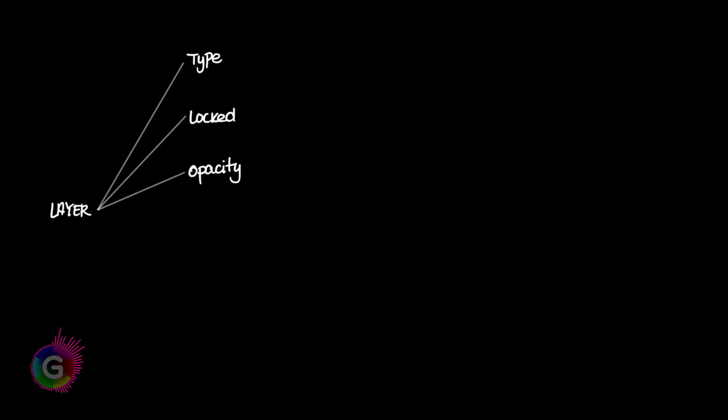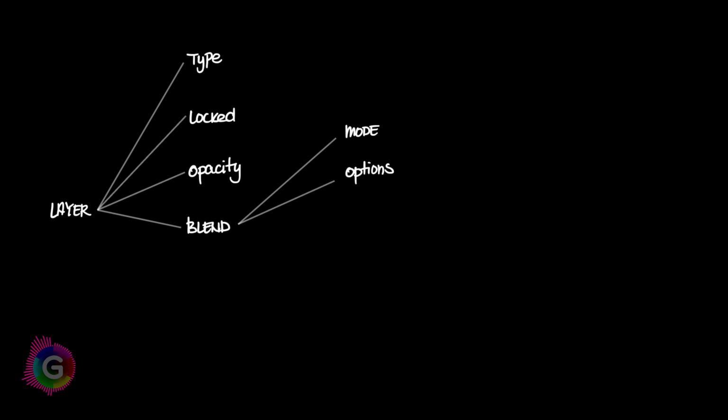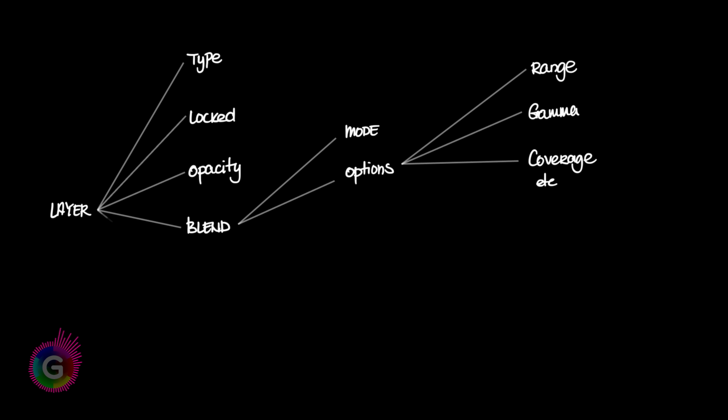It also has a property for opacity, a property for blend, which I'm guessing is another object that has its own properties, like the blend mode used, the blend options, containing the range, gamma, coverage, and so on. So coming back to the layer, there's a property called fill, which contains the actual content of a layer in a sub-property called pixels.